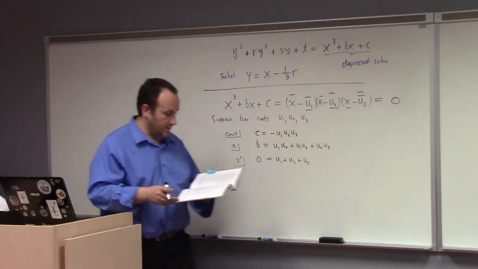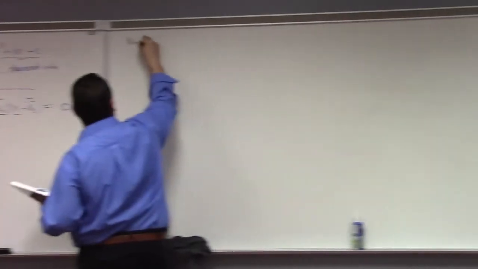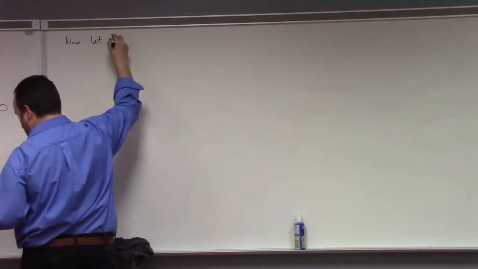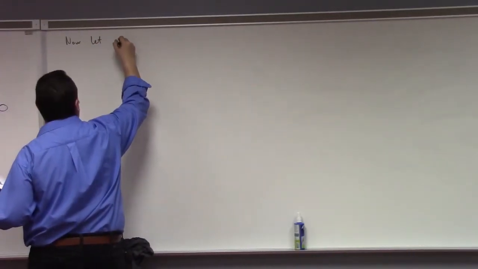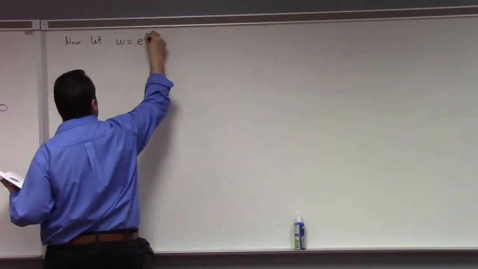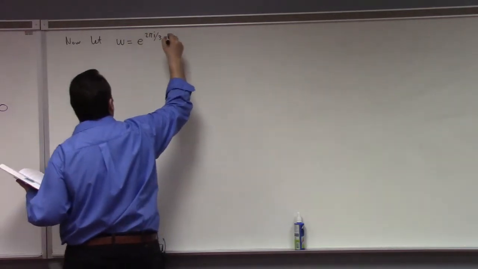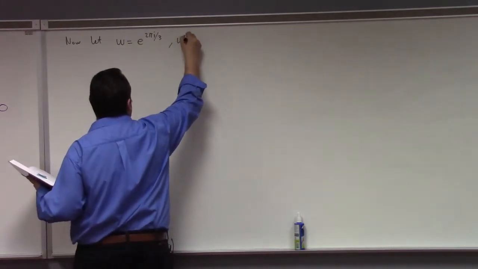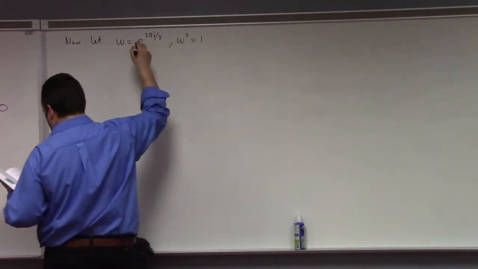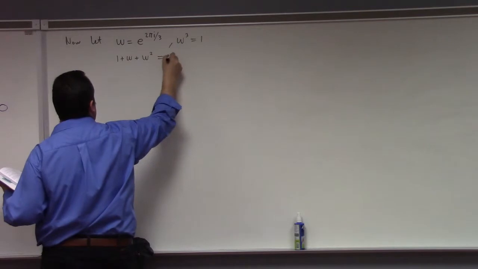Let's go on. He says, now let omega equal e to the 2 pi i over 3. All right, cube root of unity. So omega cubed is 1. And of course, we also know that 1 plus omega plus omega squared is 0, right?